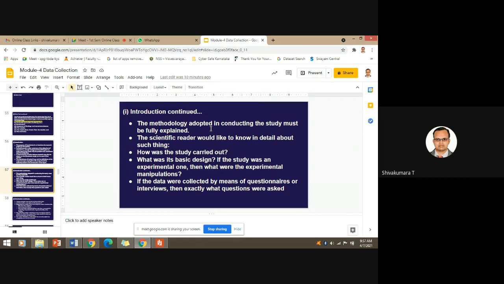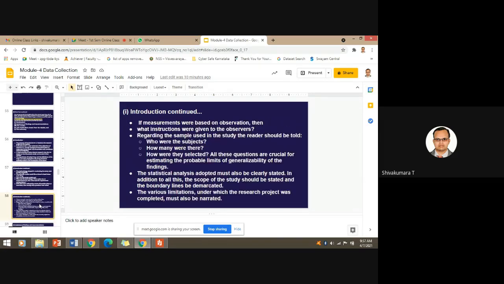If you are collecting data, whether through questionnaires, observations, or interviews, then exactly what questions were asked? All the detailed information you again provide in brief under the heading of the introduction. In addition, if any measurements were based on observation, you record them also. What instructions were given to the observers?